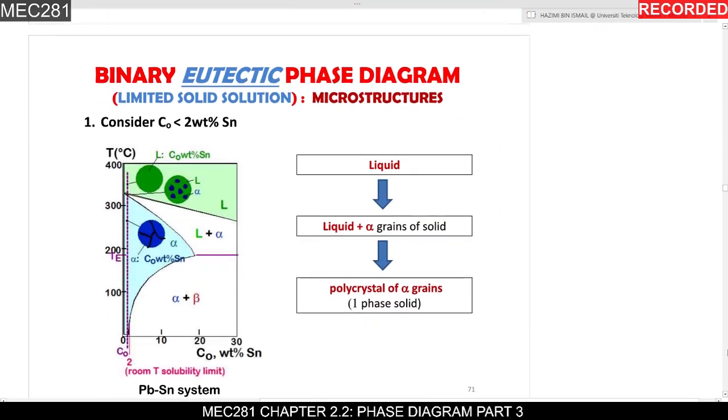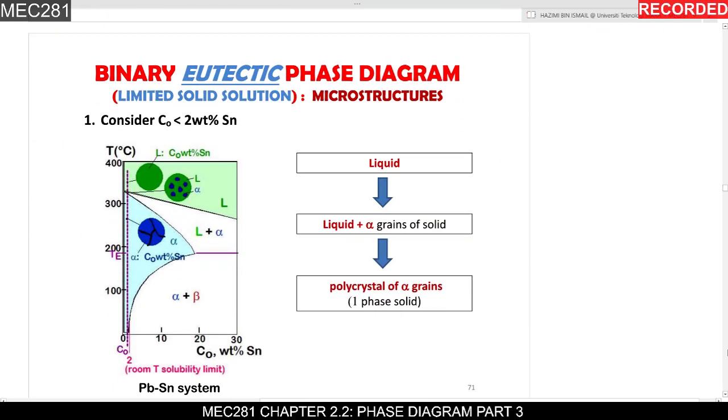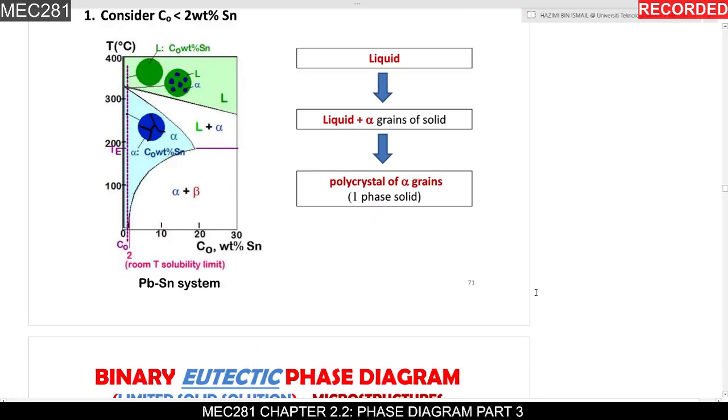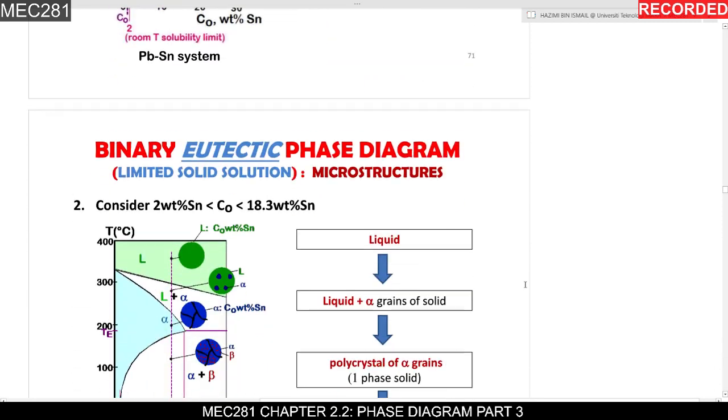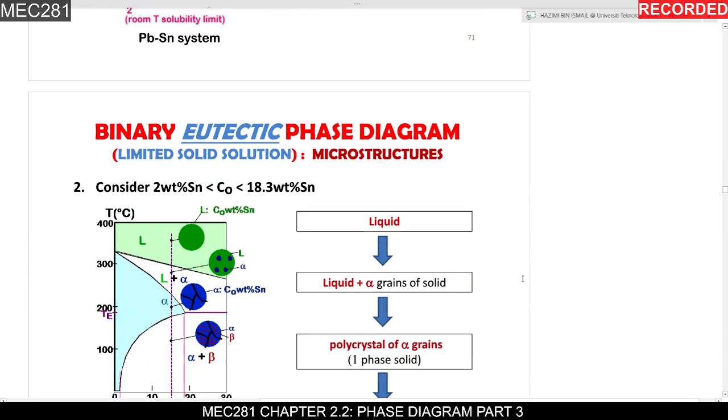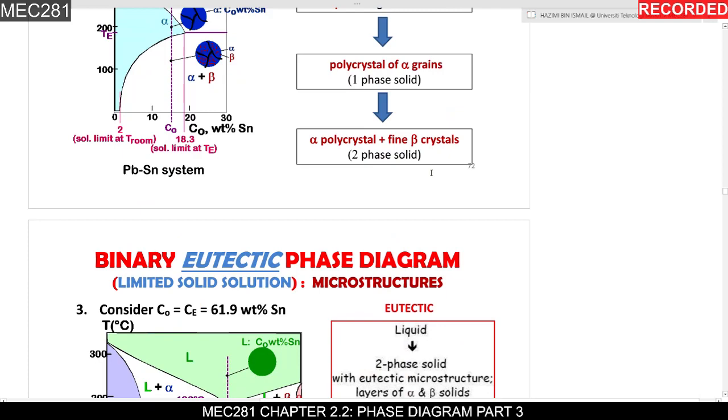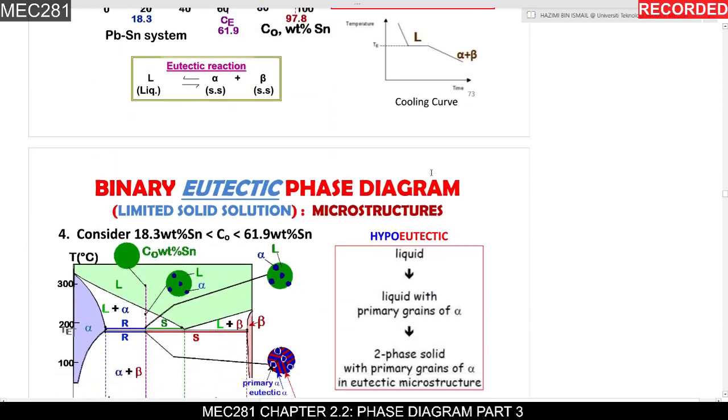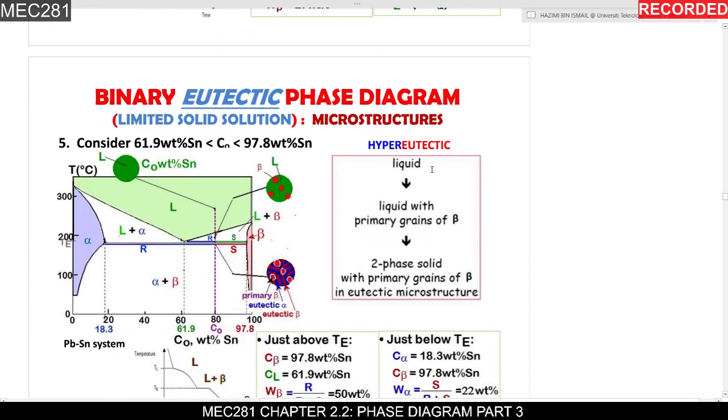And then this is the theory of the microstructure. Okay, I can skip a little bit because it's quite similar to the previous video that we have discussed about the microstructure. Okay, let's jump to the example. We don't have much time.